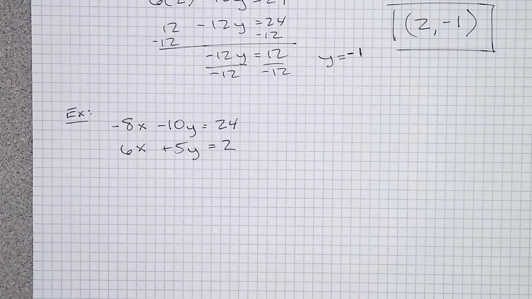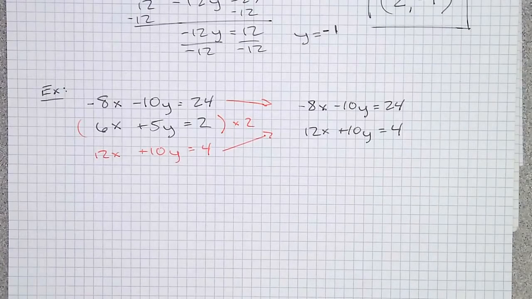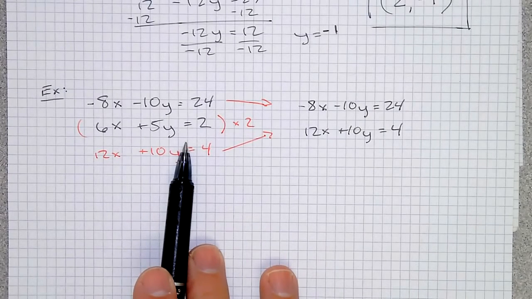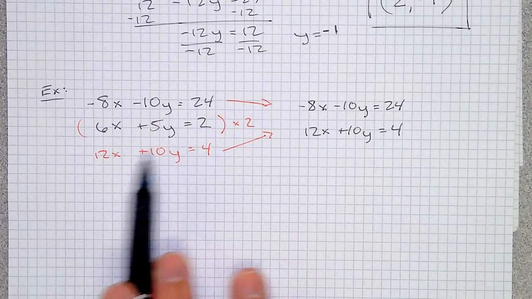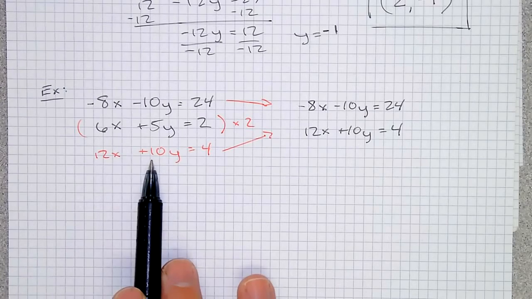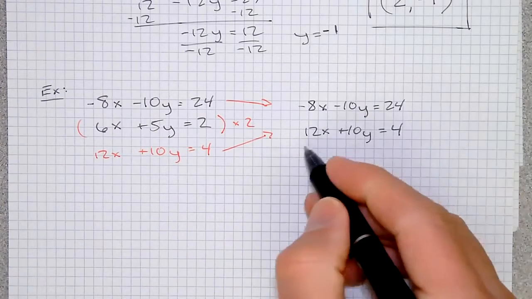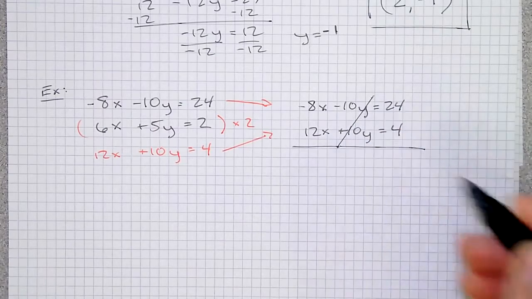All right, try this one on your own. It's 10y equals 4. So multiply the second equation by 2. That gave us 12x plus 10y equals 4. Now we have our two equations here. Our y's cancel.